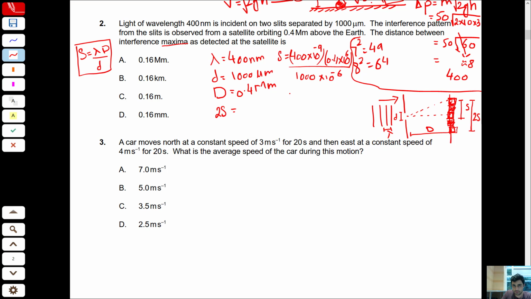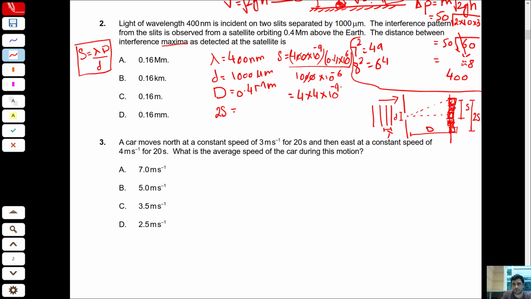So let's try to simplify this equation. What we have is these two zeros cancel out with these two, and we can give one zero to 0.4, so it actually becomes 4 times 4 times 10 to the power negative 9.